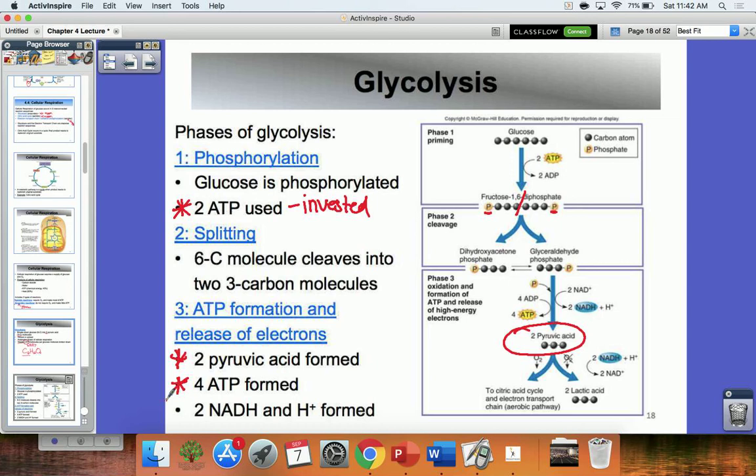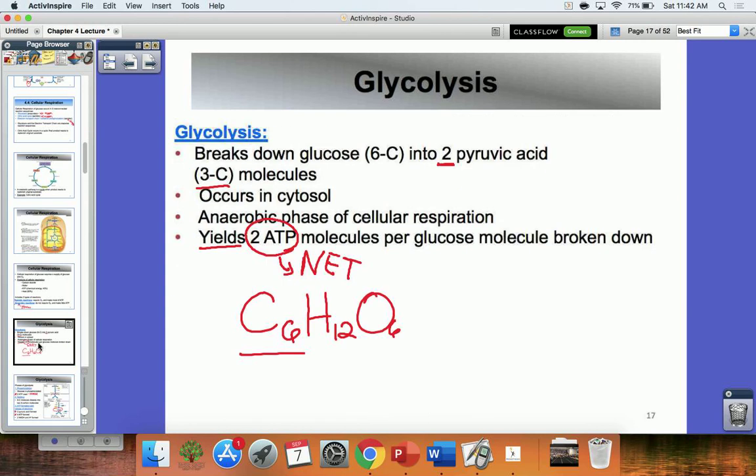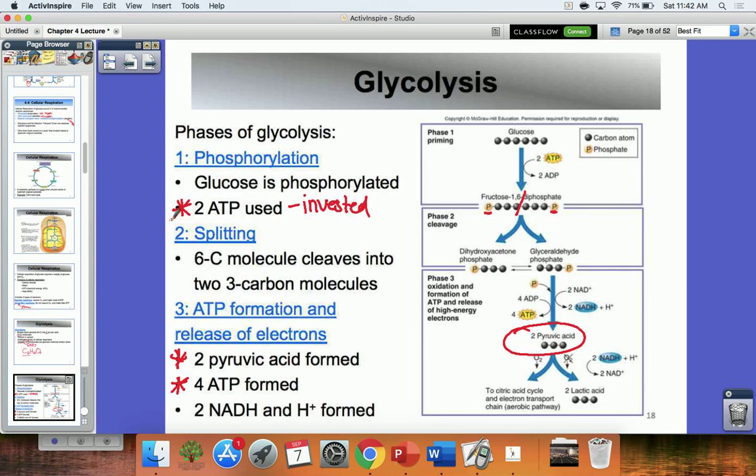Now, if you remember just a few slides ago, we said that there are 2 ATP molecules that are produced. But I also said that there are 2 net ATP molecules produced, which means, if you remember from step 1, we invested 2. In step 3, we received 4. So that means that we have 2 net ATP gotten out of glycolysis.